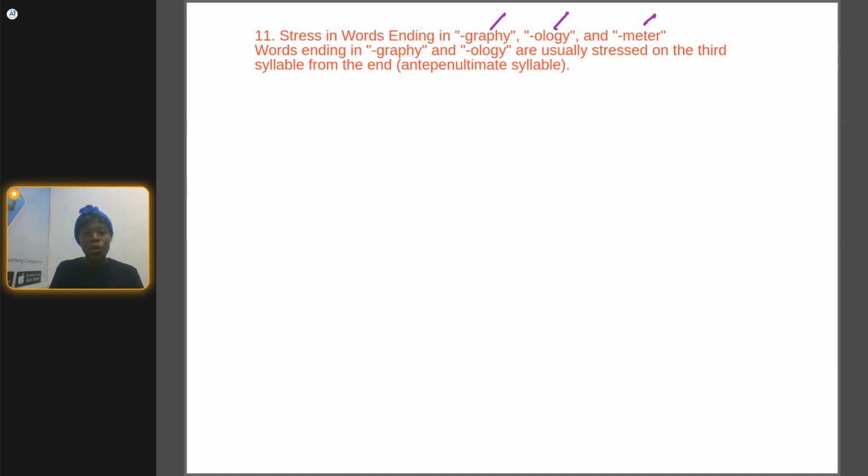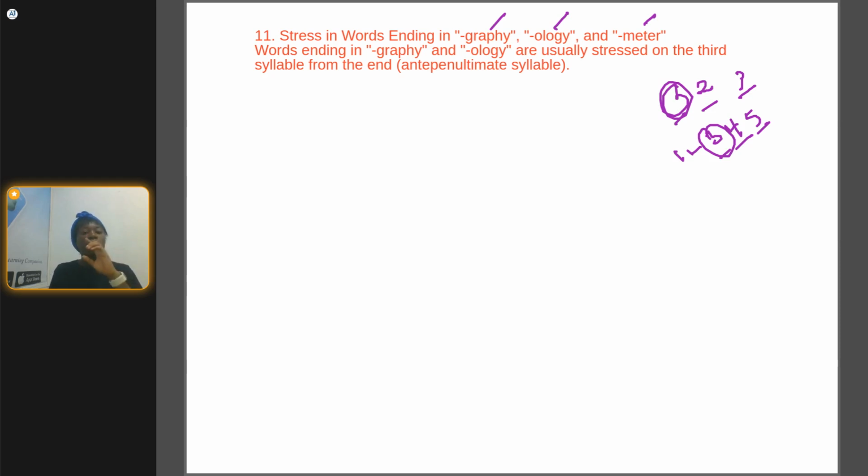So if a word has three syllables, one, two, three, you are starting your count from the end. So that means number one, number two, number three, it means the stress will be on the first syllable. If the word has five syllables, one, two, three, four, five, you start counting from the end. One, two, three. It means the stress is on the third syllable.